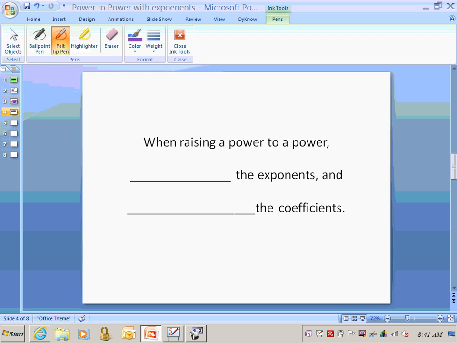When raising a power to power, we what the exponents? Multiply. We're not adding the coefficients. Okay. I really don't even know why that's on there. When raising a power to power, we multiply the exponents. The coefficients are included.